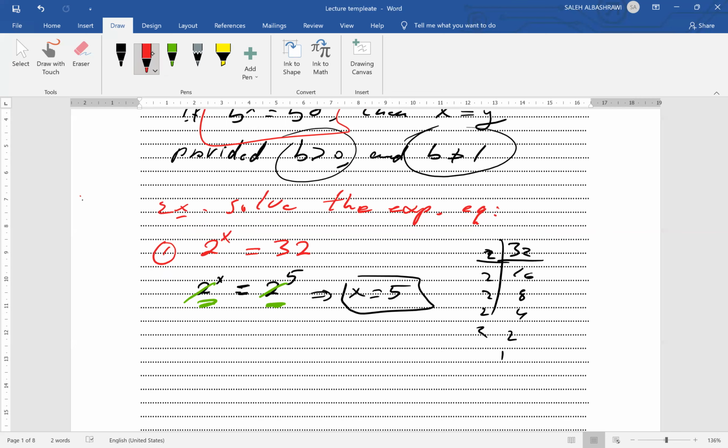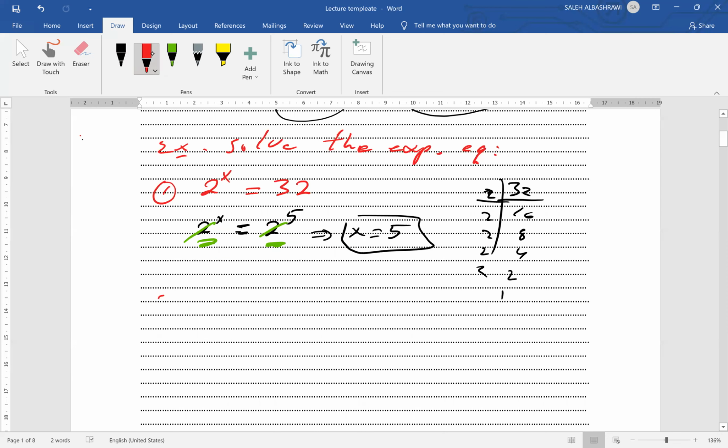Another example, number 2. We have 3 to power x equal to, let's say, 1 over 81. We know that 81 equal to 3 to power 4.